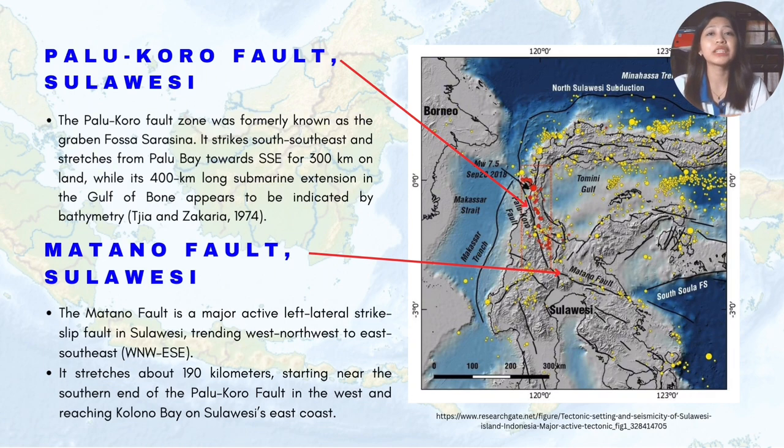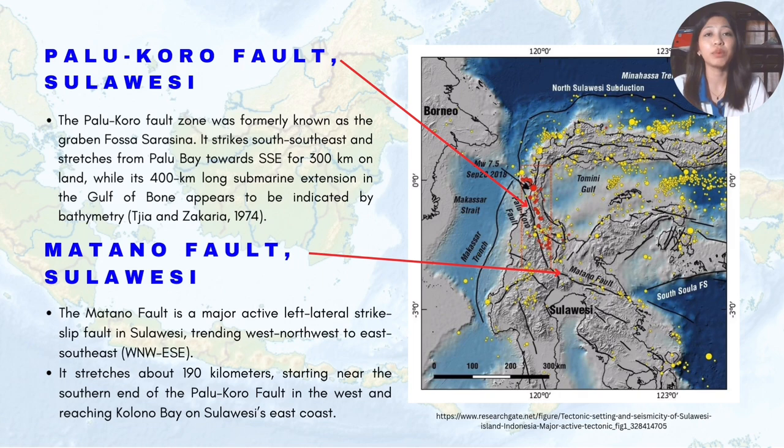It was felt as far as Samarinda in East Kalimantan, and even Tawau in Malaysia. This major quake was preceded by a series of foreshocks, including a magnitude 6.1 tremor that occurred earlier on the same day. This earthquake badly damaged Palu and killed thousands of people. By this, it just showed how powerful and dangerous this fault can be.